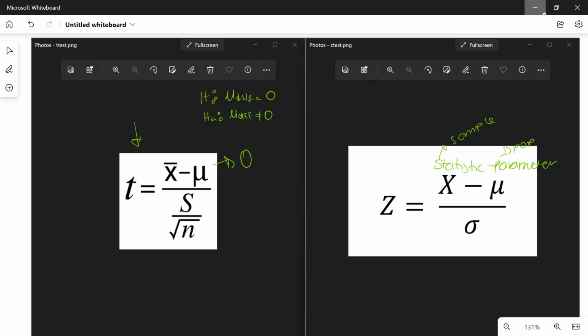Oh, right, because this is what we're testing. So we're substituting this, and then we use the p-value to see if it's significant. So that's why this doesn't matter. From my understanding, we need the population standard deviation when we use Z, and we usually don't have that.